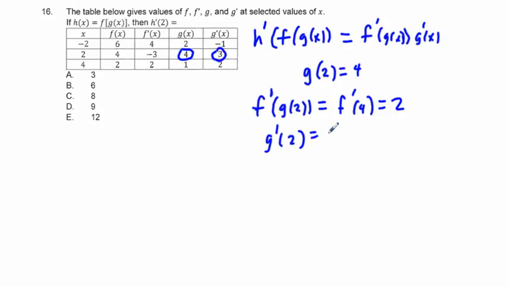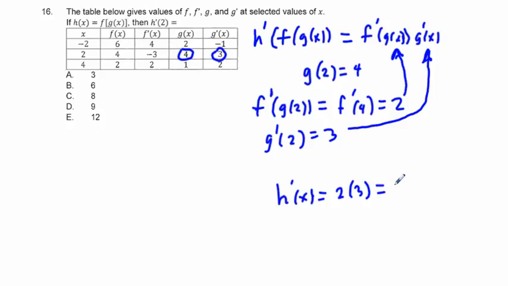So in this case, h prime of x equals f prime of g of x, which is 2, times g prime of 2, which is 3. So we have 2 times 3, which equals 6. So our correct answer for this one is B.